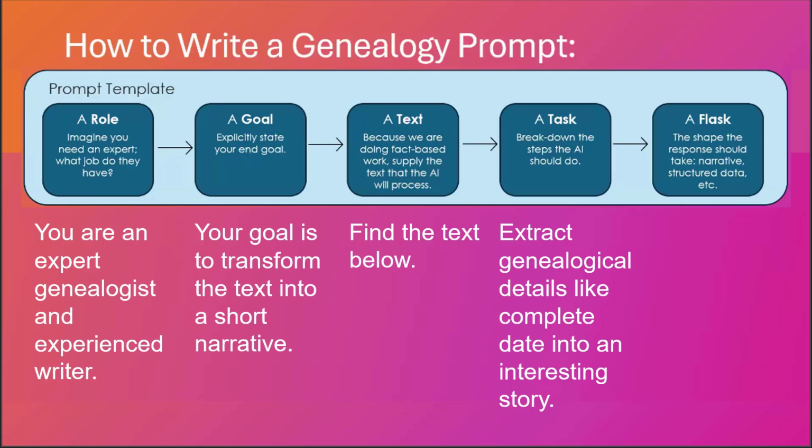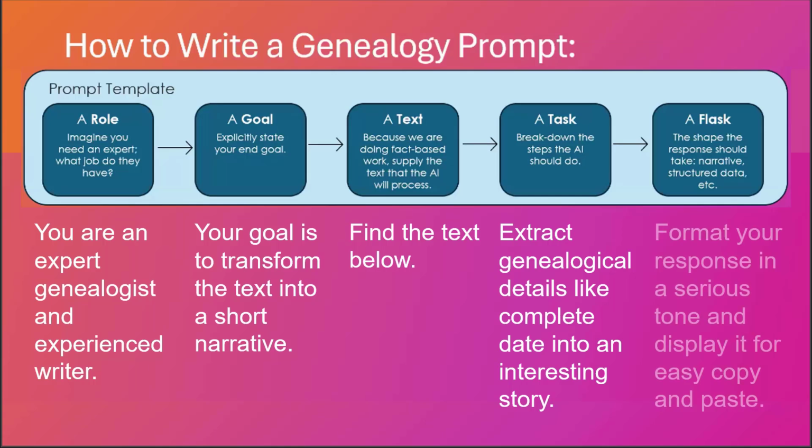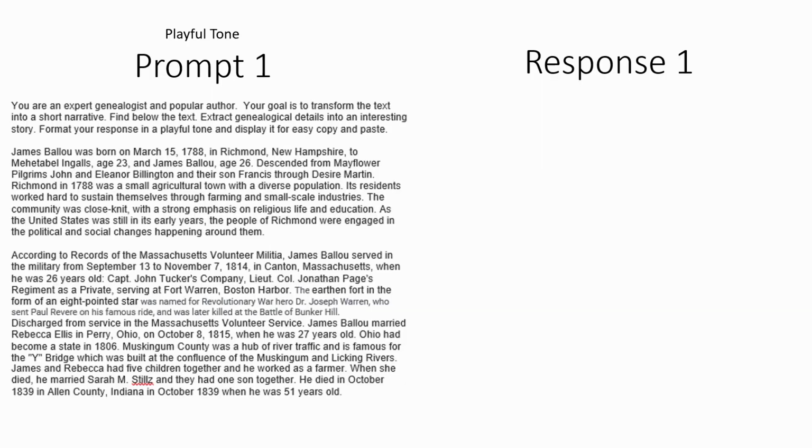All of those words you use to describe it can change for a completely different version. And flask. Format your response in a serious or playful or funny or scholarly tone and display it for easy copy and paste. You decide the tone based on how you write.